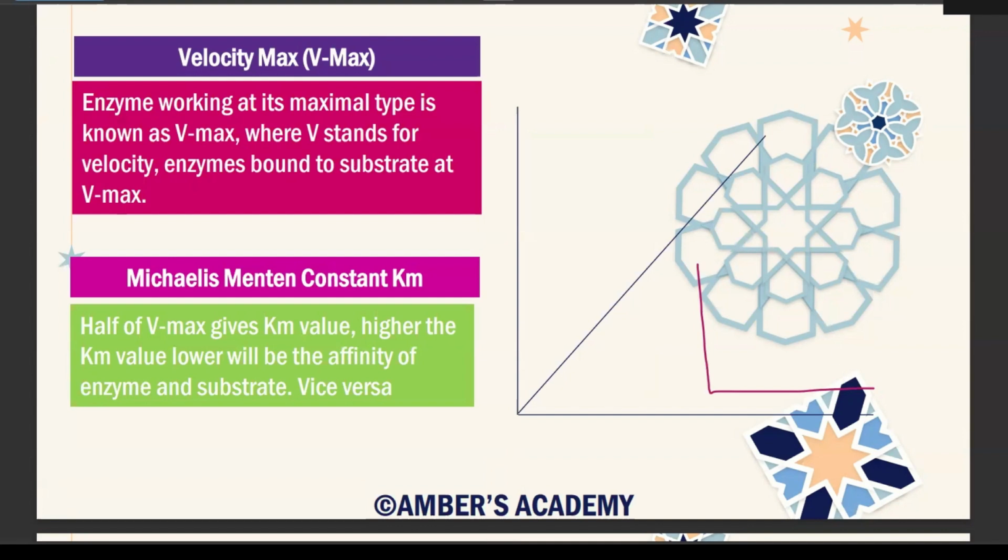If this is my reaction, I need to see where my reaction is terminating, and I'll draw a dotted line from there, and the maximum value which I can get is Vmax. Vmax shows that at this point the enzymes and substrates are bound with each other, and this is the velocity maximum of your reaction. Have you understood velocity max?